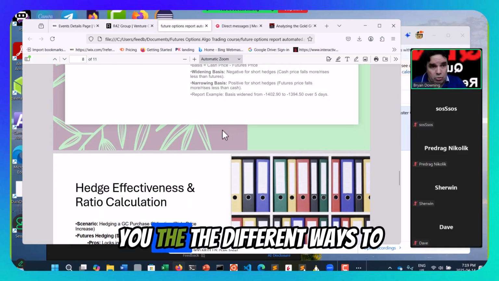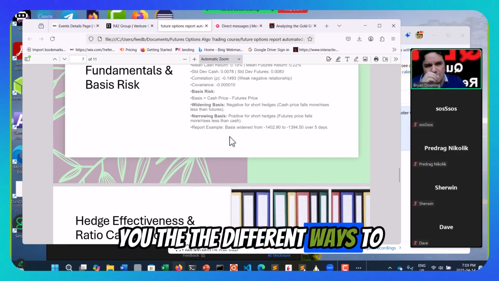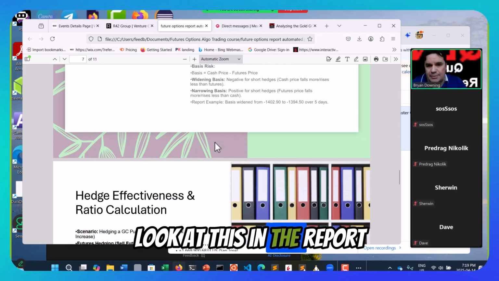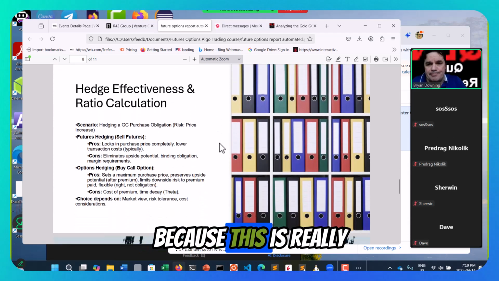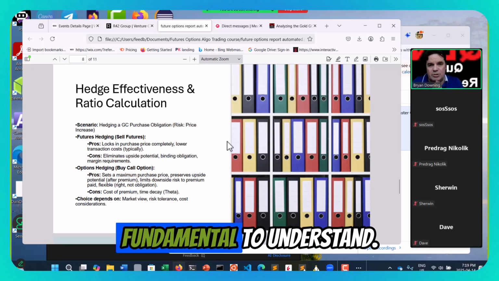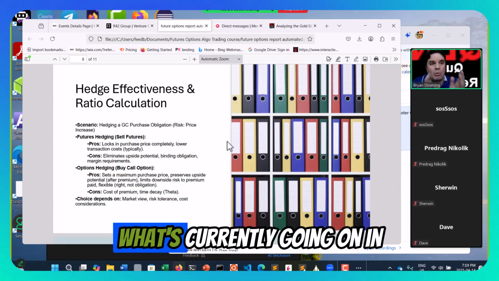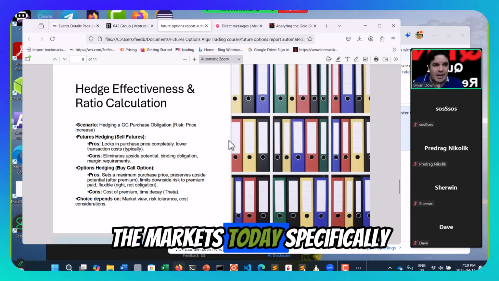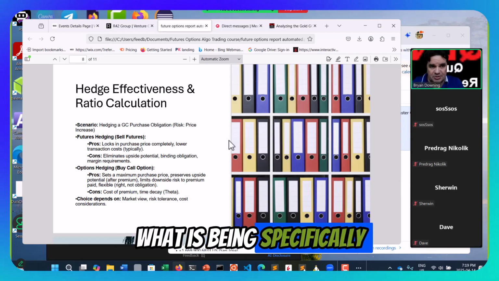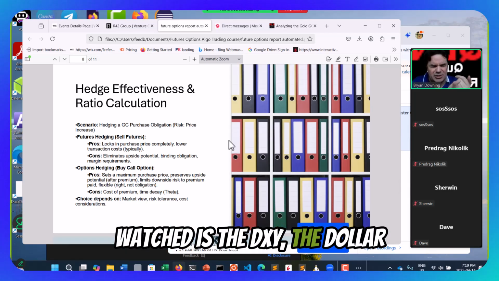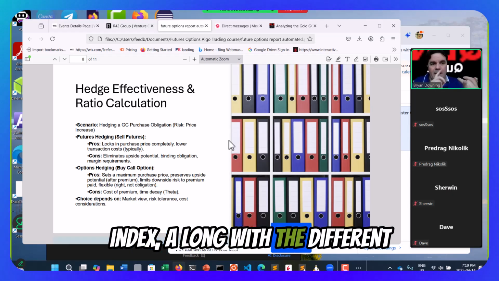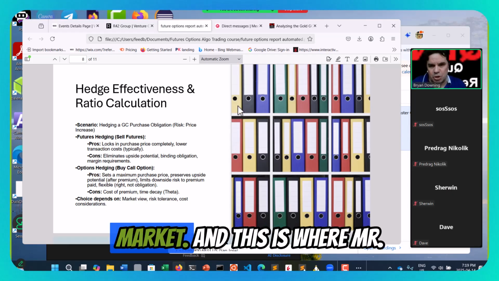So again, I'm going to show you the different ways to look at this in the report, because this is really fundamental to understand what's currently going on in the markets today. Specifically, what is being watched is the DXY, the dollar index, along with the different durations in the treasury market.